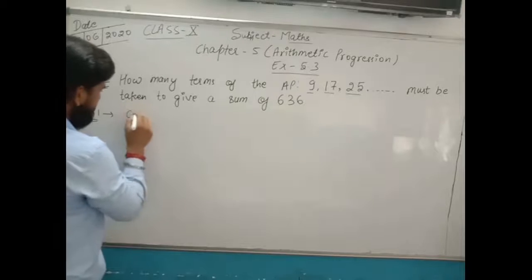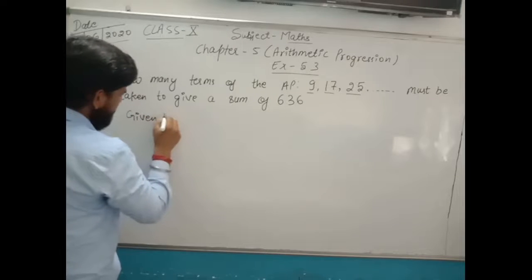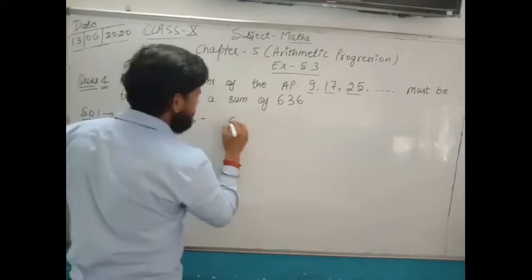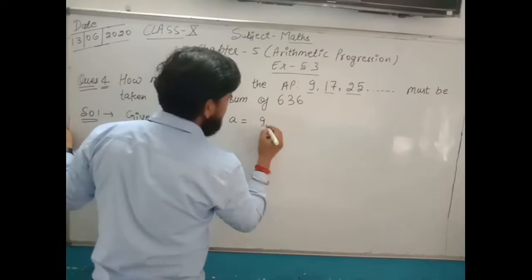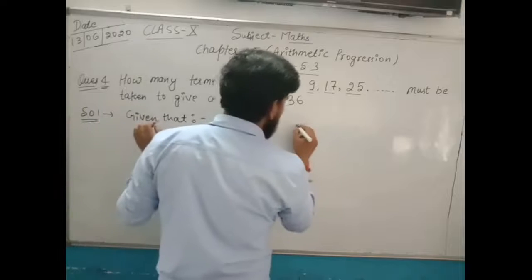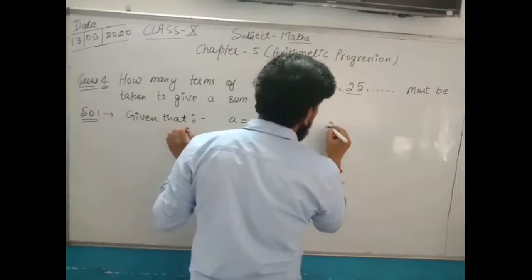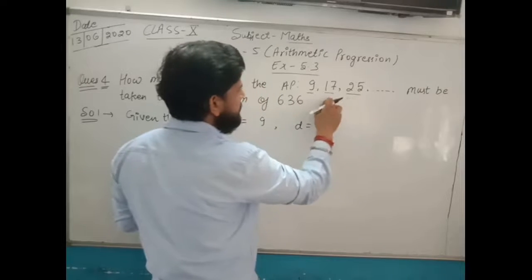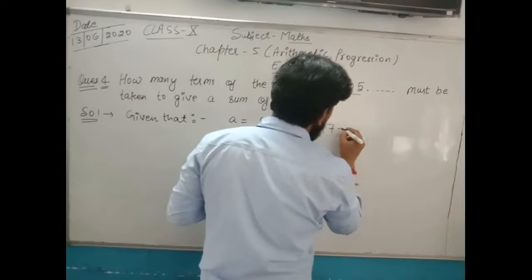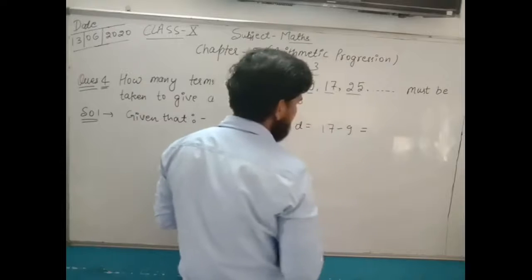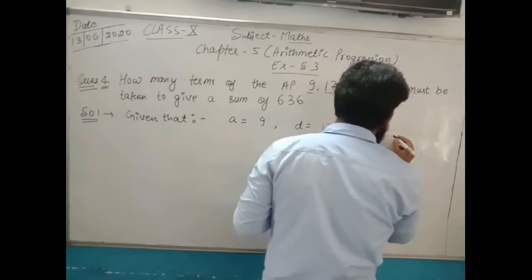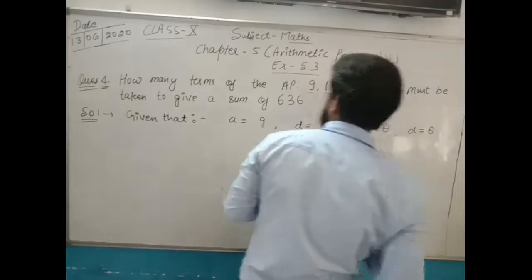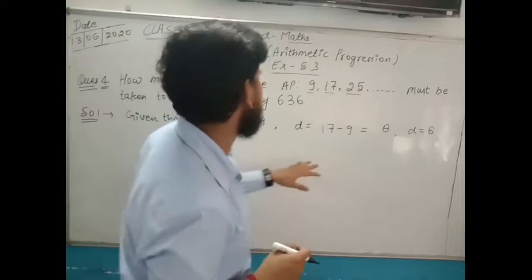First we will write what is given in the question: a is equal to 9, and d is equal to, either we can subtract 25 minus 17 or we can subtract 17 minus 9. So this is equal to 8.